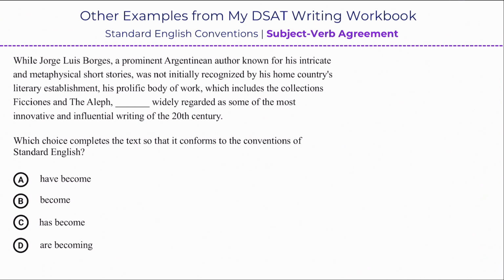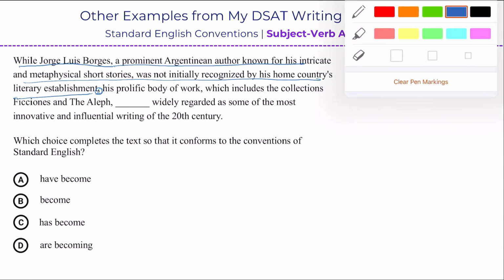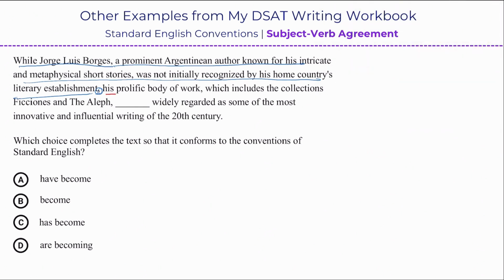So I know that the independent clause begins right here because I know the dependent clause ends there. So now I know that his prolific body of work is my complete subject, which includes the collections Fervor de Buenos Aires and El Aleph, is non-essential information separated by 2 commas.